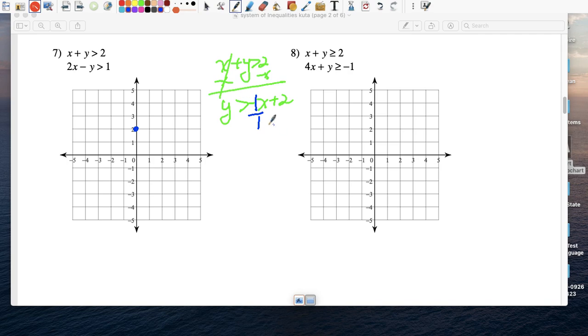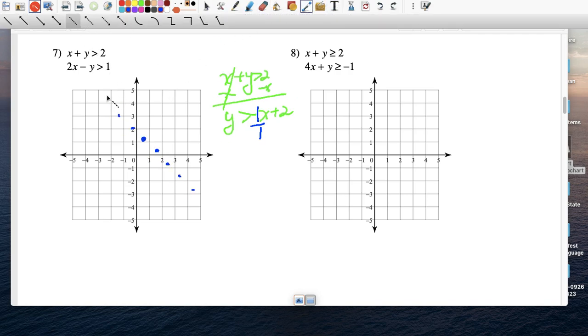It's a negative slope, right? Up and down we're going to go 1, and left and right we're going to go 1. So this one's easy. Look, we can actually get so many points. You don't need them, but they're there. And it's going to be a dashed line because the sign does not have an equal sign under it. So, dashed line.